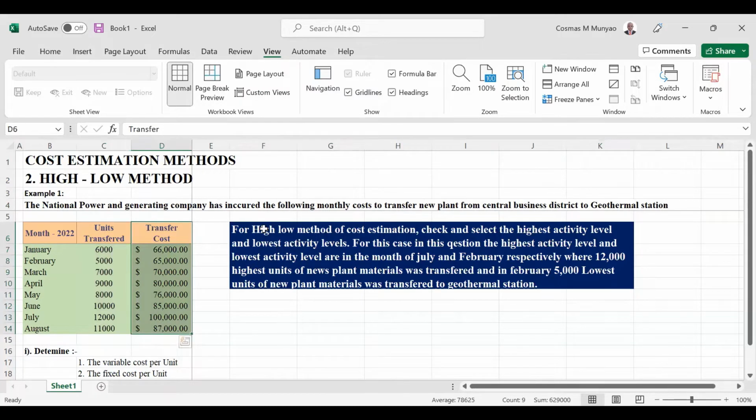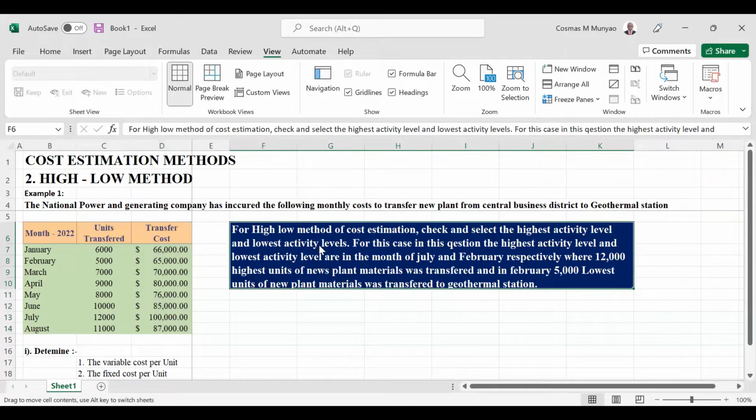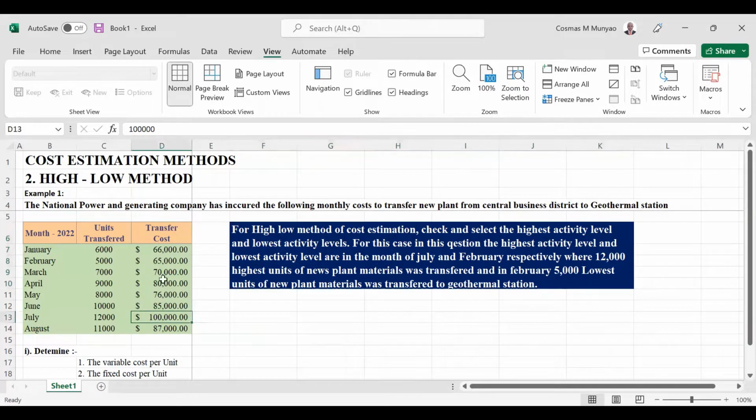Where there is the highest activity level, you select the highest, and also the cost, you can see the cost will also be more. And then you select the lowest activity level.